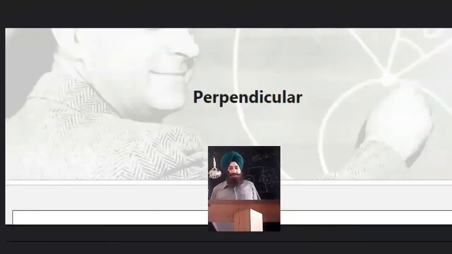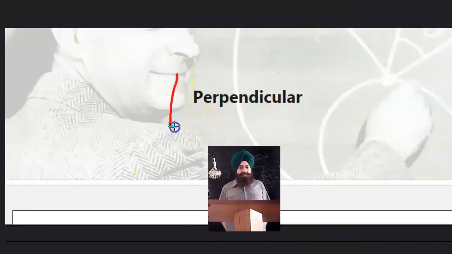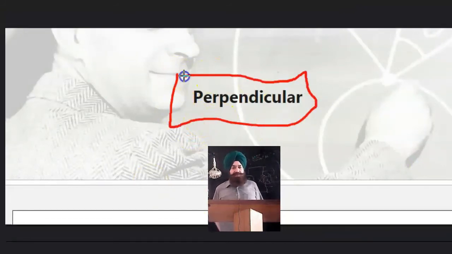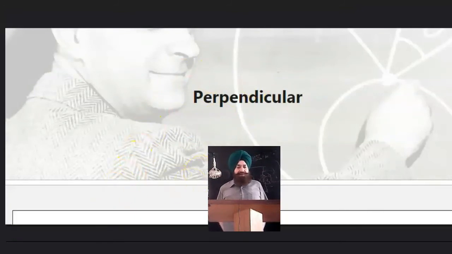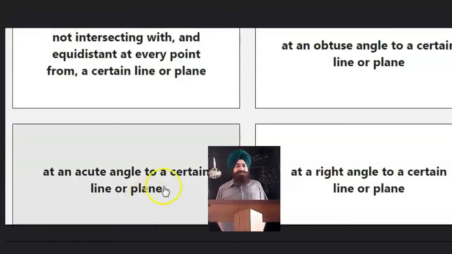Now the next question is, what do you mean by perpendicular? So there are 4 choices again. Read carefully for the correct answers. Number 1, not intersecting and equidistant at every point from a certain line or plane.